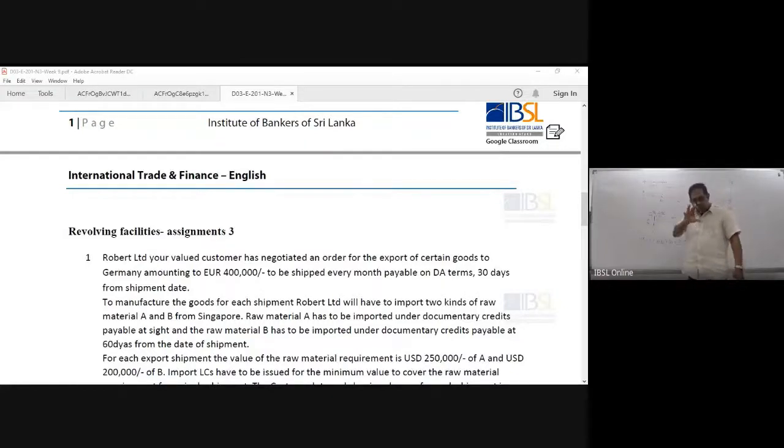So it's a revolving facility. That's what you call a self-liquidating document, unlike other products. So the revolving facility should be a revolving LC. Usance LC facility is 2 into 80,000 at the rate of 160, that is 25.6. So that's one answer.